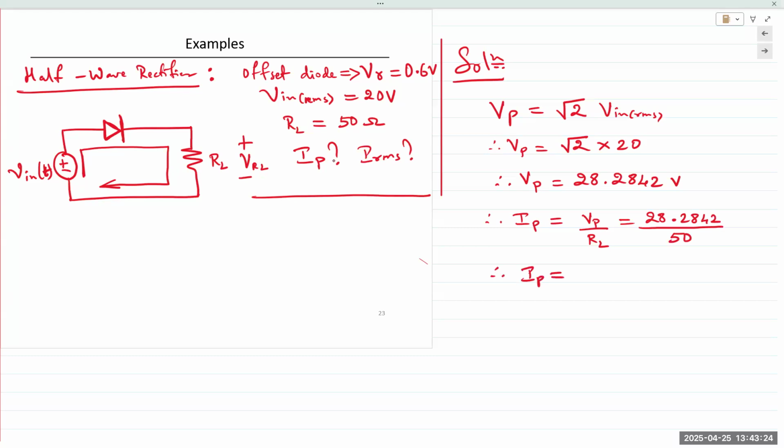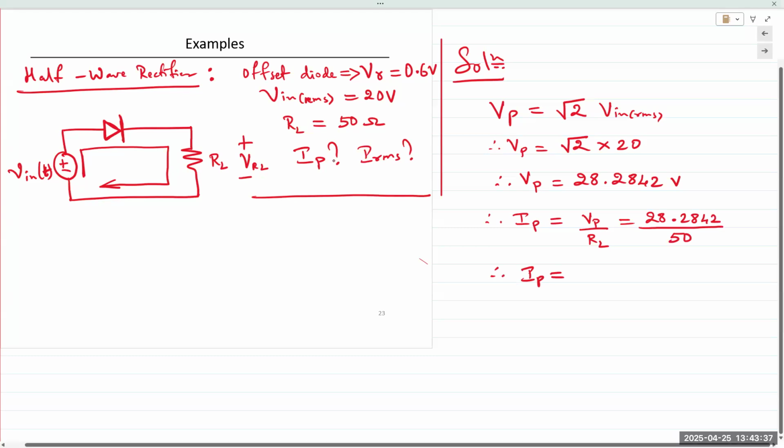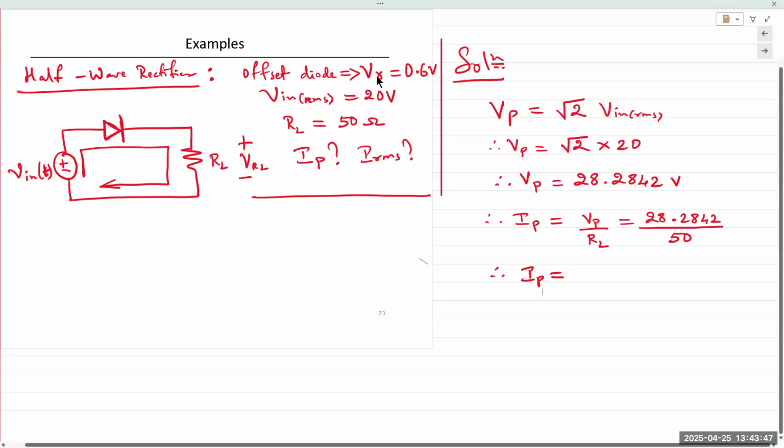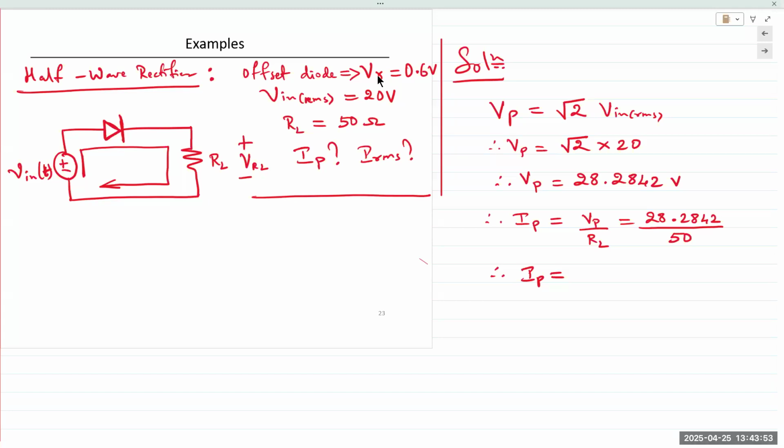Someone perform the calculation. What do you get? We have not yet accounted for it. The question being asked is whether it is accounting for the diode forward voltage drop, the offset voltage of 0.6 volts. So not yet.